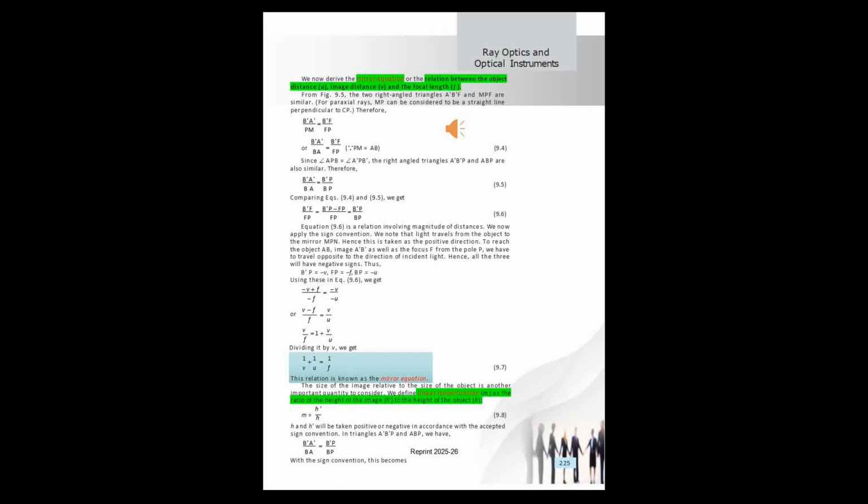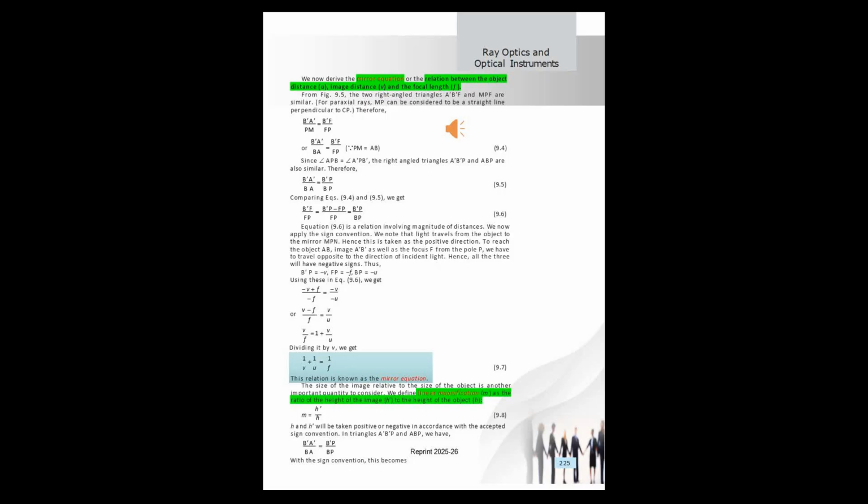We now derive the mirror equation, or the relation between the object distance, image distance and the focal length. From figure 9.5, the two right angle triangles A'B'F and MPF are similar. For paraxial rays, MP can be considered to be a straight line perpendicular to CP.